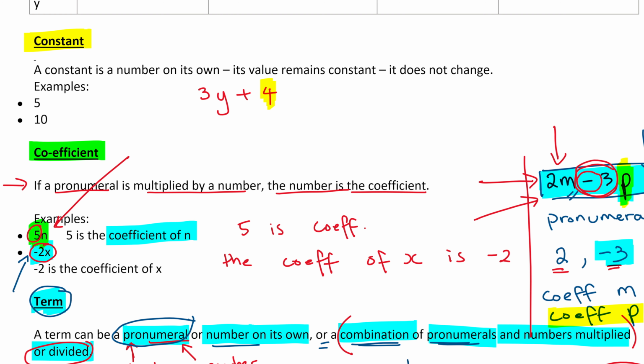If I go 3, for some reason I really like the number 3, 3q plus b, and let's do plus 12. What is the constant in this example?